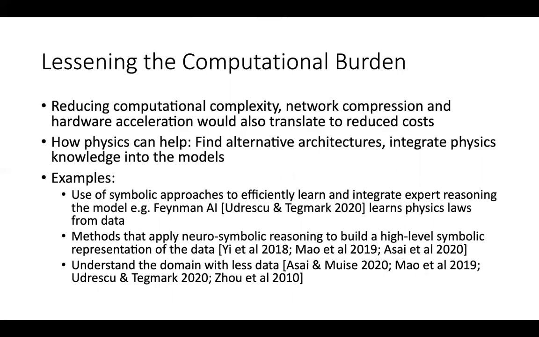And so the hope is that physics may offer some help in finding these alternative architectures which can integrate physics knowledge into these models. And there has been some progress in this regard with respect to the marriage of, say, symbolic approaches with more traditional connectionist approaches.